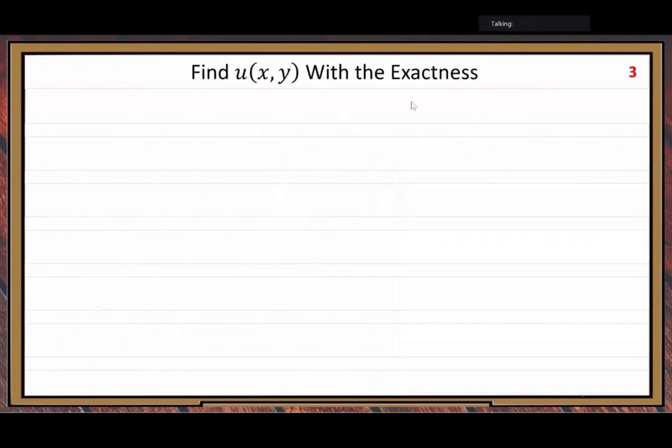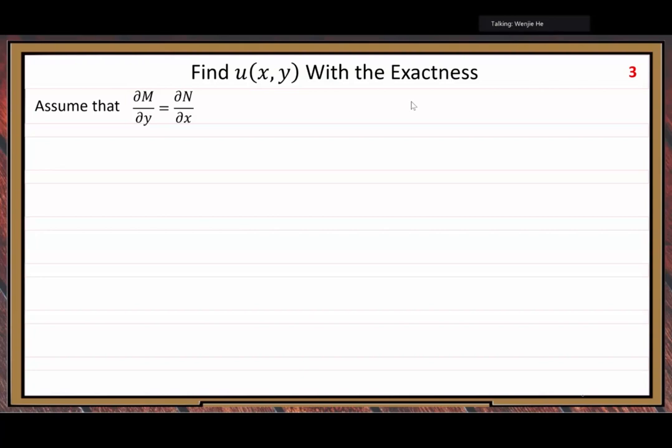Next, let's find U. This time, we assume we have that equality. So we can say we have the exact ODE.